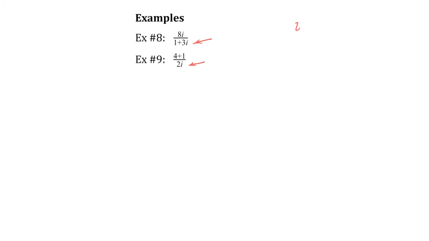Now, the problem here, i squared is -1. And again, i, by taking the square root of both sides, is the square root of -1. Well, here in this problem, leaving this i in the denominator really means I'm leaving a square root in the denominator. We do not want square roots.